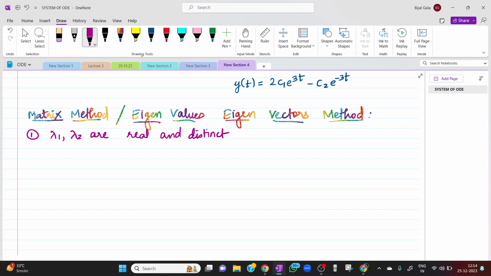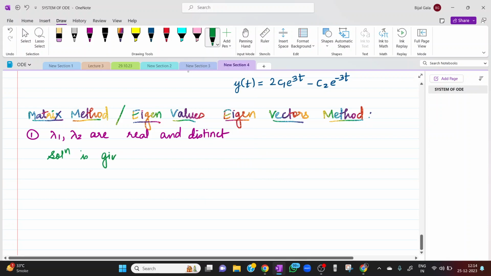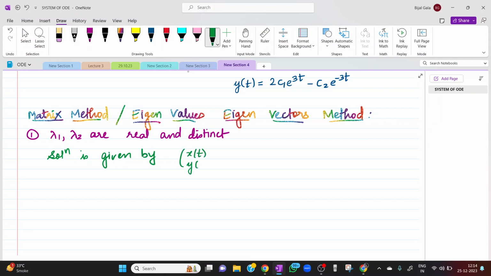In that case, the solution will be given by x of t, y of t equals C1 times V1 e raised to lambda 1 t plus C2 times V2 e raised to lambda 2 t. What are V1 and V2? They are the eigenvectors. For lambda 1, you will have V1 as the eigenvector, and for lambda 2, you will have V2 as the eigenvector.